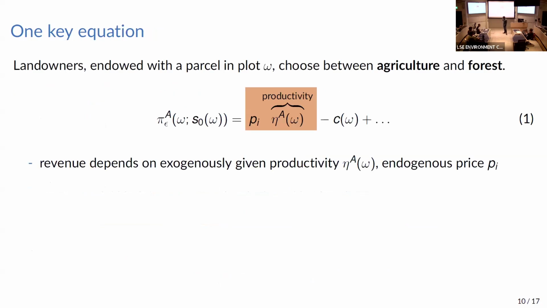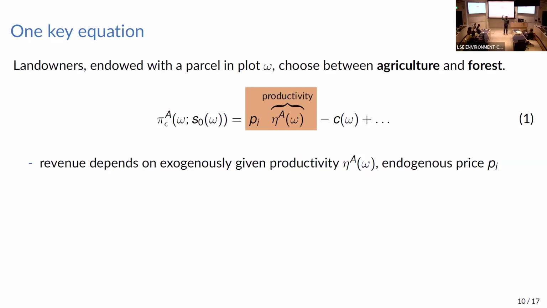So I'm going to show you one key equation, which is hopefully going to tie what I just told you back to the introduction, which is how landowners are deciding between agriculture and forest cover for a given plot of land in the model. On the left-hand side, I have my return as a landowner considering agricultural land use. I'm going to earn some revenue, which depends on an endogenous price that I get for the agricultural output, and a yield, which is given by that GAEZ data, that potential yield measure.